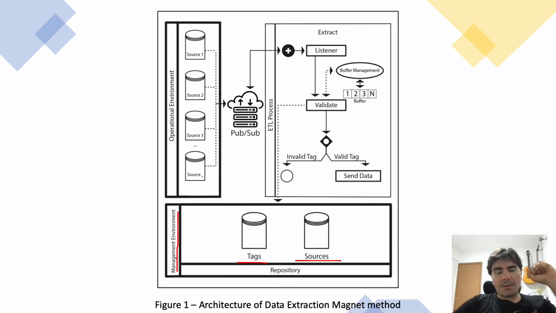Once these two repositories are configured, we can make the data extraction magnet operate this whole process by means of metadata management. This other component here is the operational environment, where we illustrate a lot of sources: source 1, source 2, source 3, and so on.